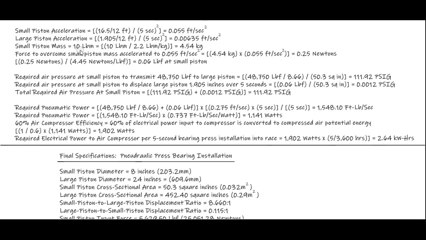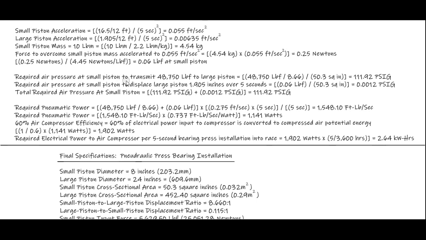So the force to overcome small piston mass accelerated at 0.055 feet per second squared is the mass of the piston times its acceleration, so 0.25 newtons, very small. There's 4.45 newtons to 1 pound of force, so it's a very tiny amount of force, 0.06 pounds at the small piston. So now we can go back to Pascal and Bernoulli force, which is pressure times area, air pressure times piston cross-sectional area.